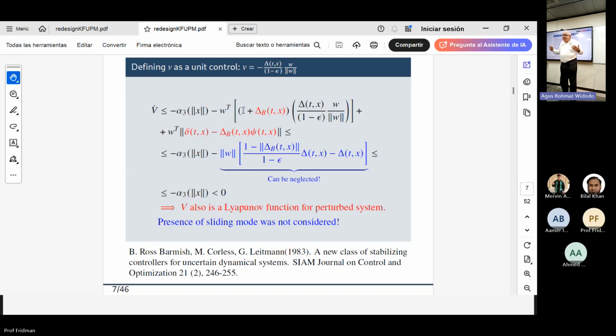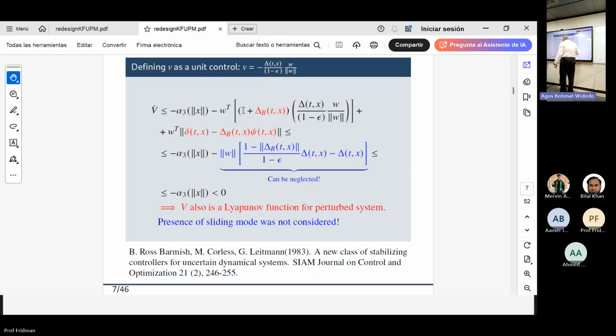In the vector case, if we multiply this by W, we will have norm of W squared divided by W, so we will have precisely norm of W. So what happens? We will factorize W, and then we will see what happens here.